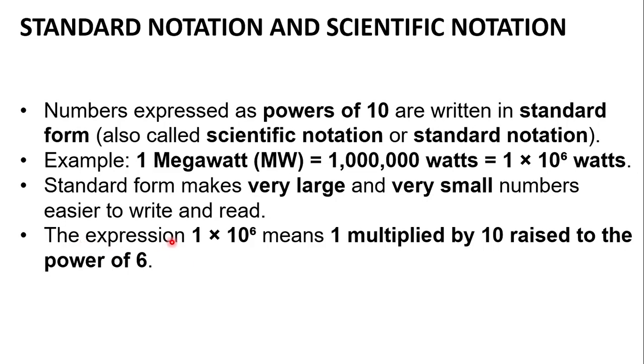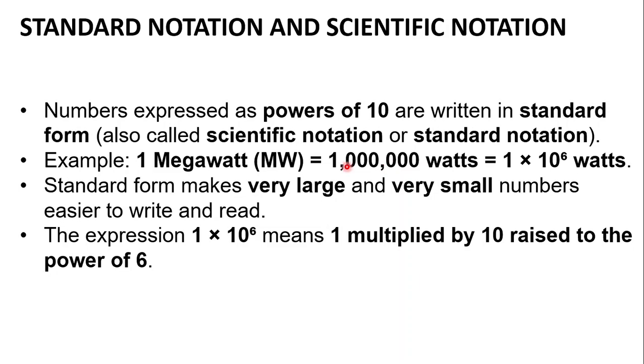So the expression 1 times 10 to the power 6 means 1 multiplied by 10 raised to the power 6. So this power of 6 here indicates the number of times 10 is to be multiplied by itself to give us back 1 million.